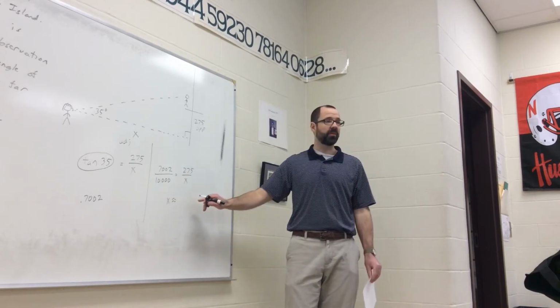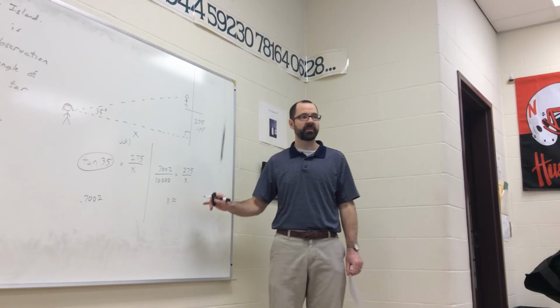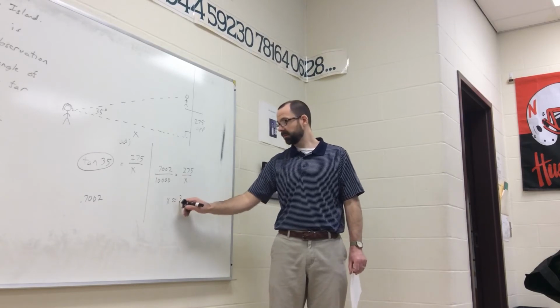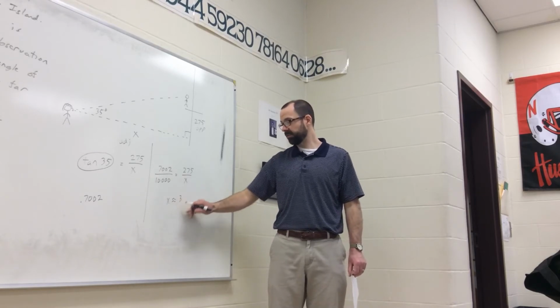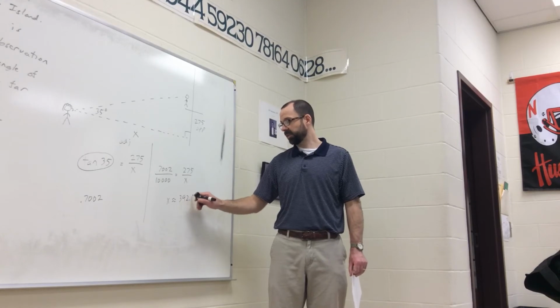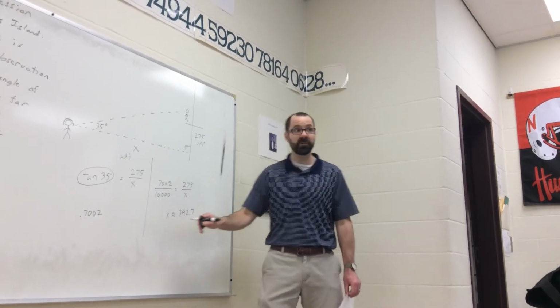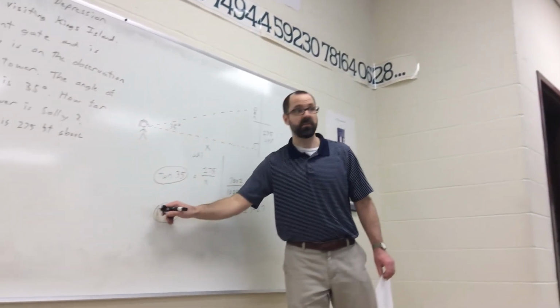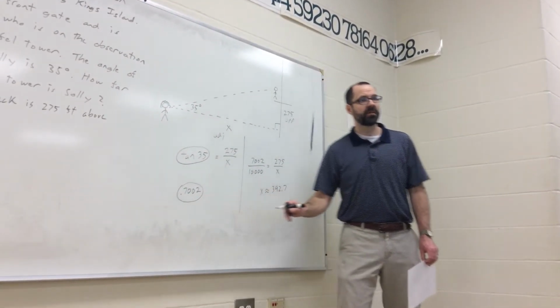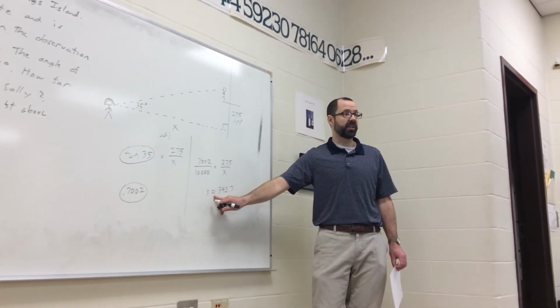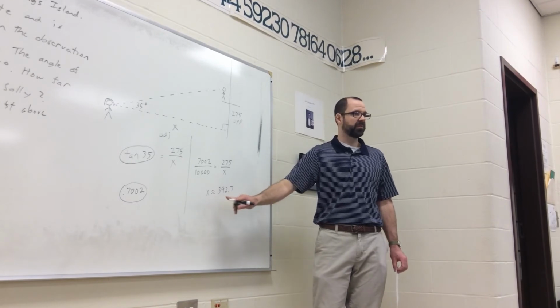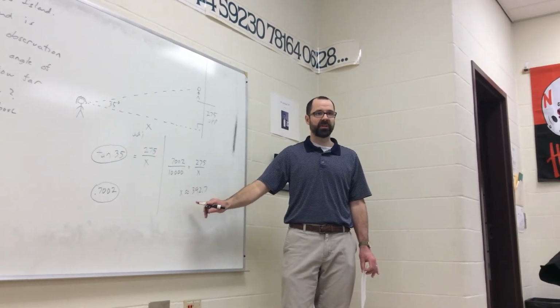Anybody got that number for me? Yes, ma'am. All right, 392.7. Yeah, we had to round. Actually, when we wrote this down, we were rounding already. That's why I put the squiggly equals there, so we would know that we don't have the exact right answer, we're rounding.